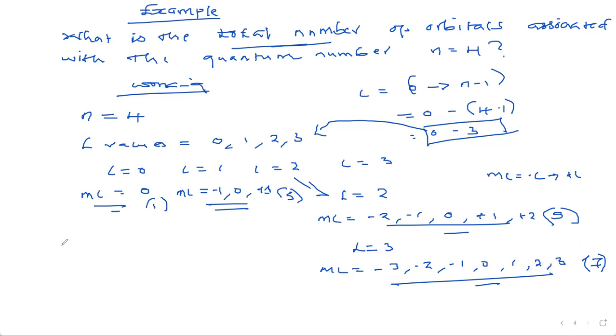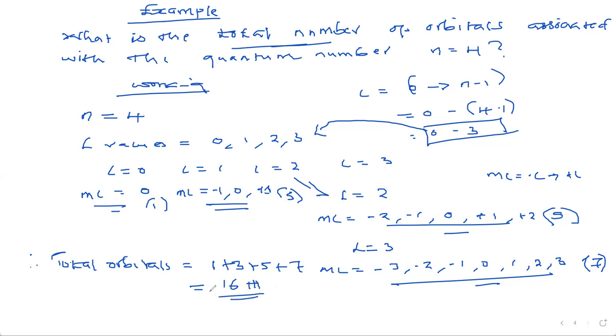So now we add. Therefore, total orbitals is equal to 1 plus 3 plus 5 plus 7. This will give us 16, meaning when n is equal to 4, the total number of orbitals is 16.